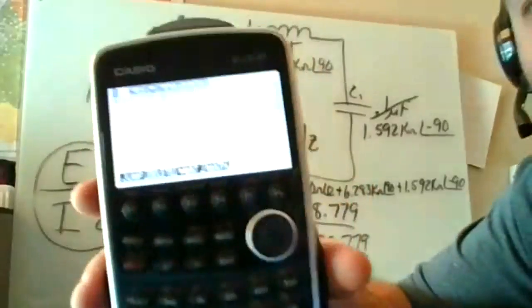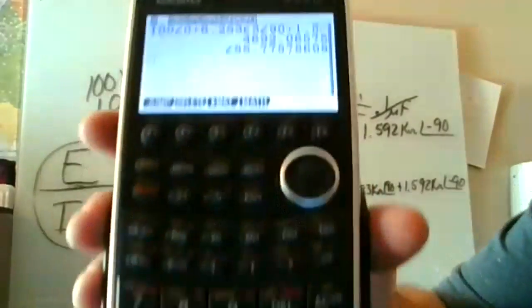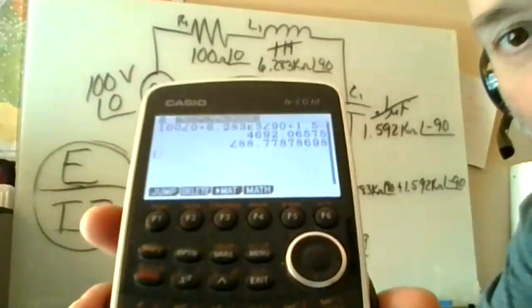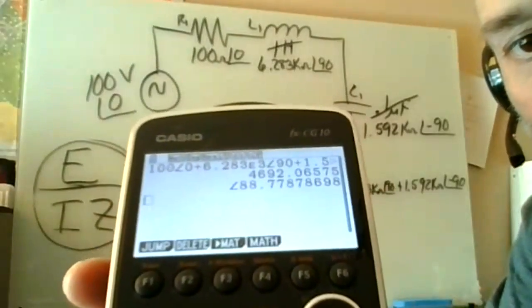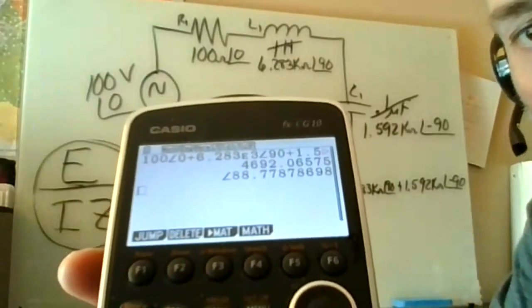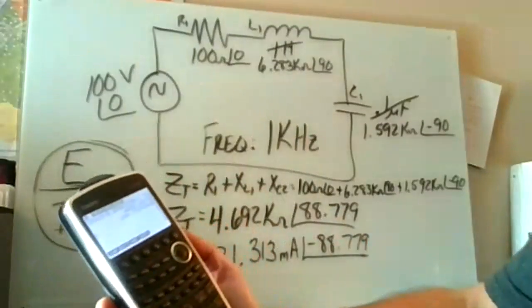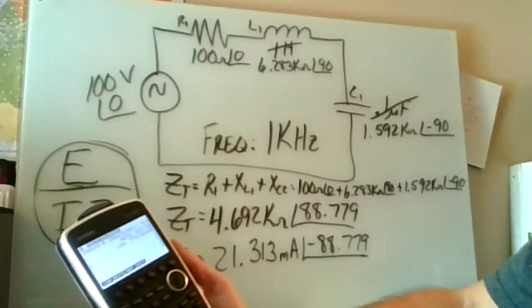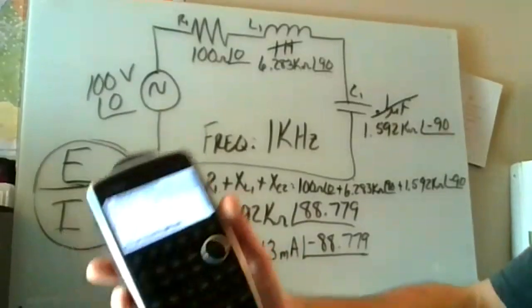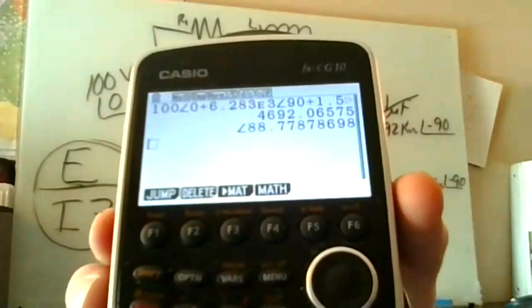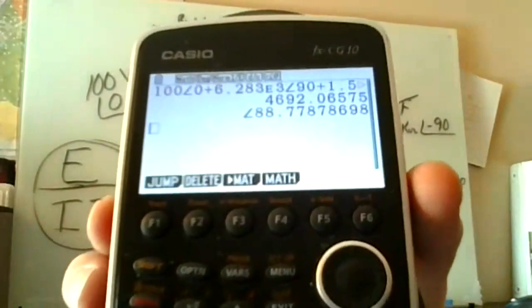So you should have something like that on your calculator right now. I know it's kind of hard to see mine. That's not what you wrote. Well, I moved my decimal point over 3 and just wrote it as 4.692 K ohms.